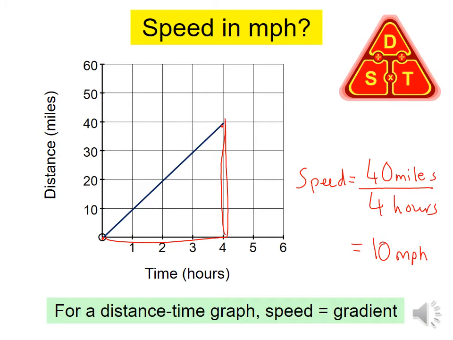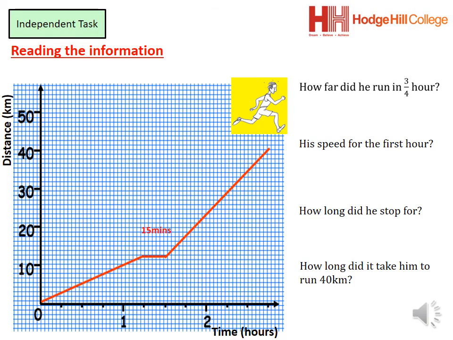Okay, the next thing we move on to: you will also be asked to interpret a speed, distance, time graph. If you have a look at the following graph, it asks us how far did he run in 3/4 of an hour. Looking at the bottom of the graph on the x-axis, which relates to hours, all we have to do is find out where 3/4 of an hour is placed.